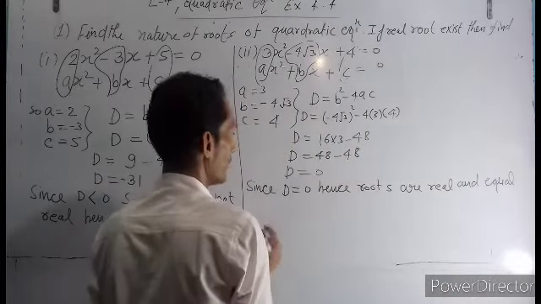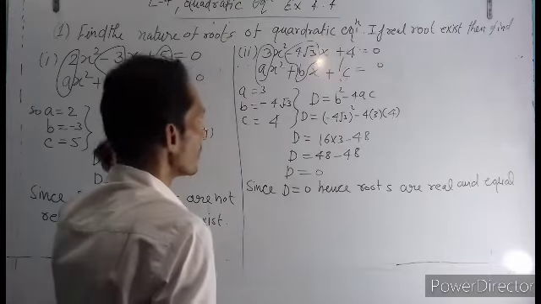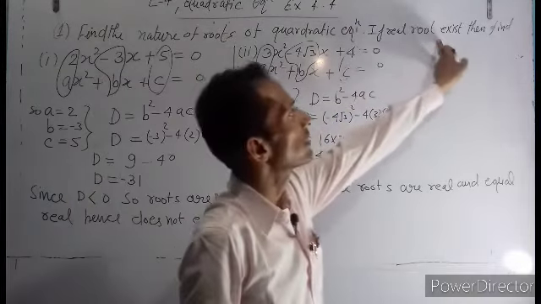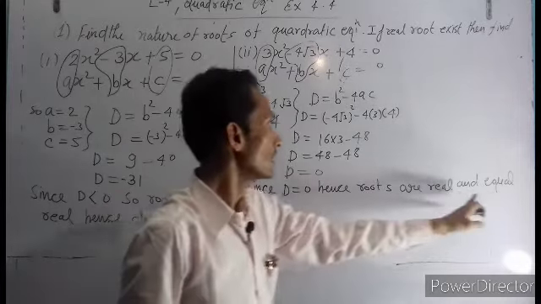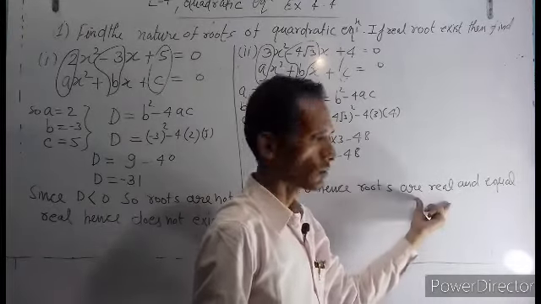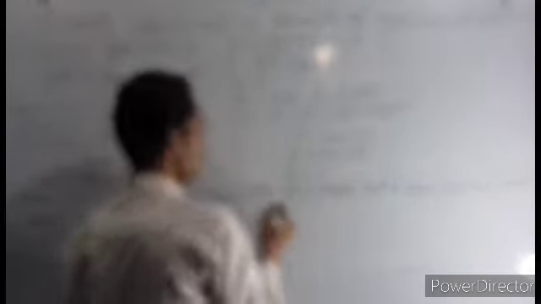So the roots are real and equal. If real roots exist, then we can find them. If the roots are real, we can find them, and the roots exist in this condition.